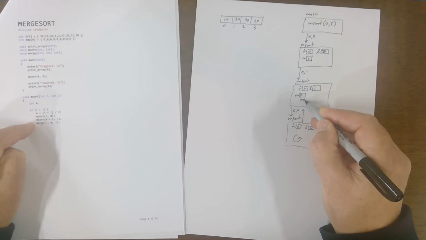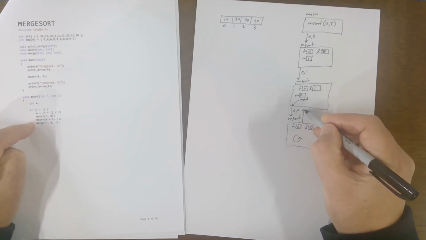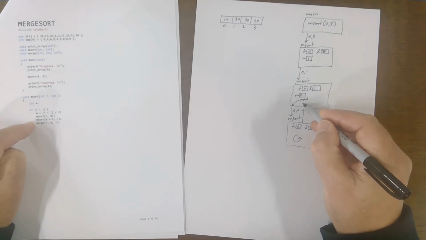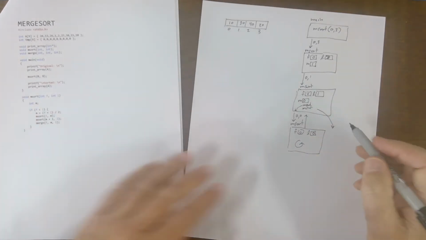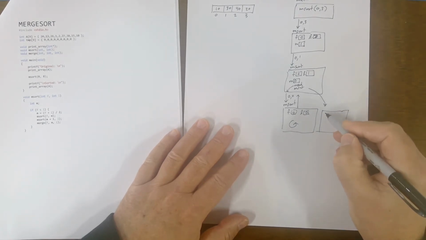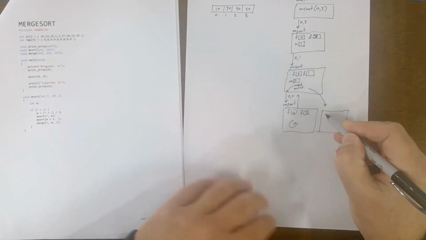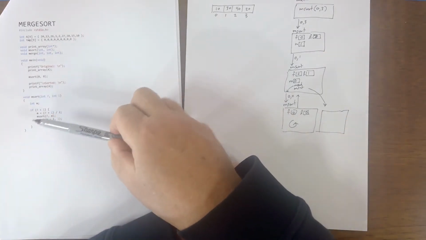So it did merge sort, right? Came down to here. Now it calls another merge sort, right? Merge sort calls another merge sort from first to last.